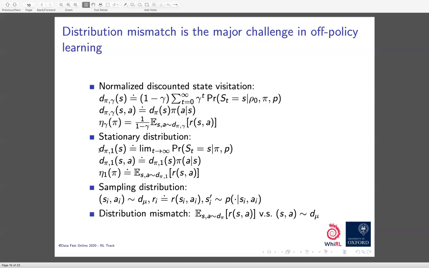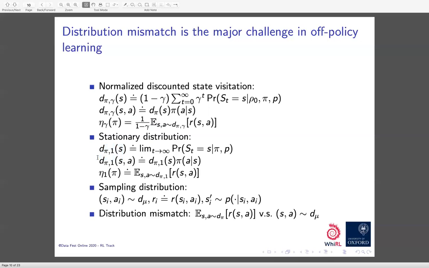We first need to define this stationary distribution d pi 1. We need some assumption to make sure that this distribution does exist. For example, we can assume that for any policy pi, the Markov chain induced by pi is always ergodic. Then this d pi always exists.